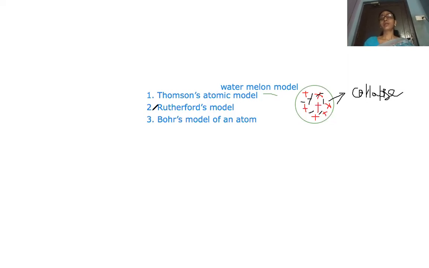How did Rutherford explain it? He explained it through his experiment called the alpha ray scattering experiment. The model he gave is also called the planetary model.